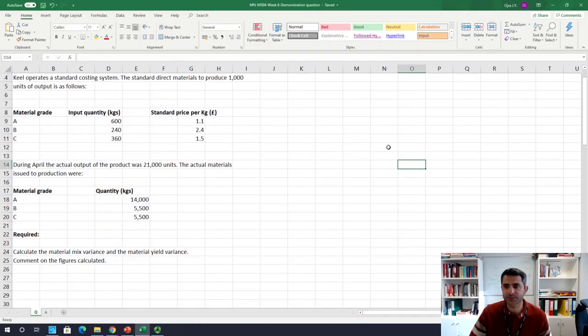If you look at this example, the standard direct materials to produce 1,000 units of output are as follows. The first thing you need to look at is what the question tells you here.